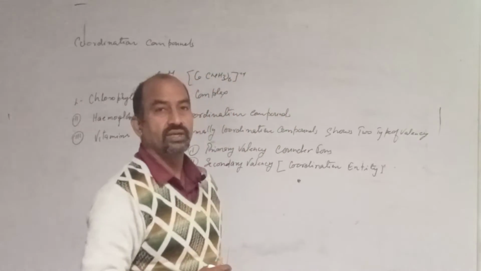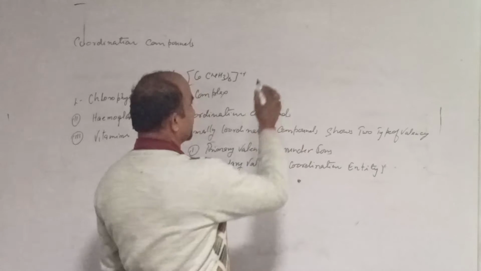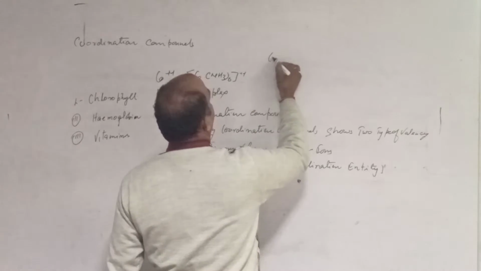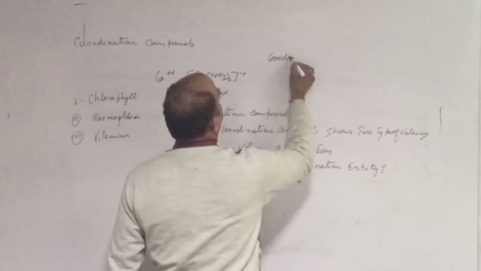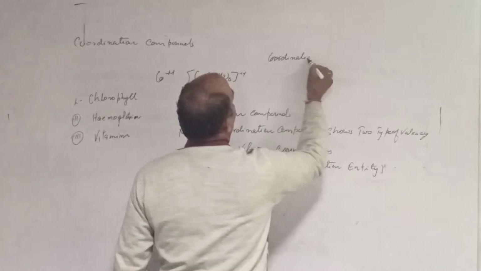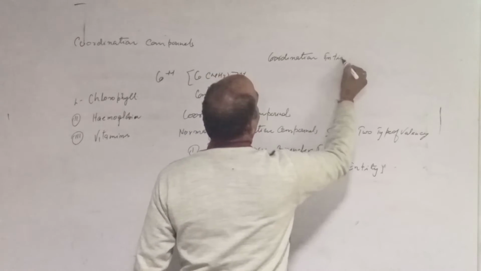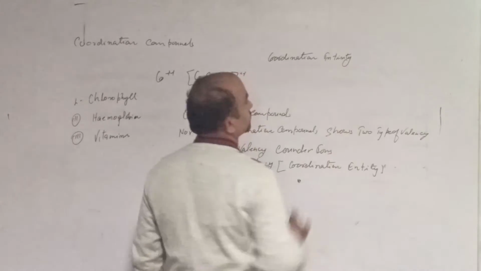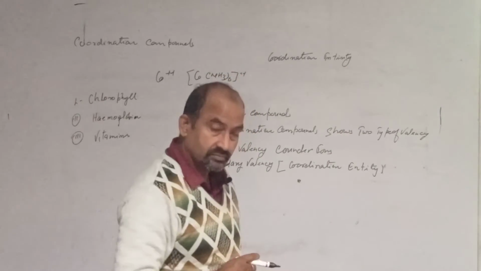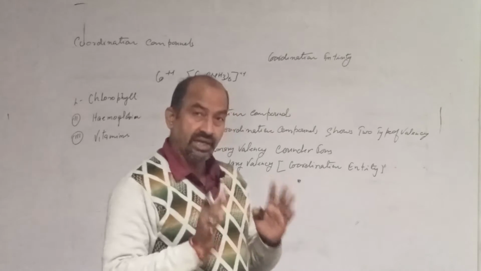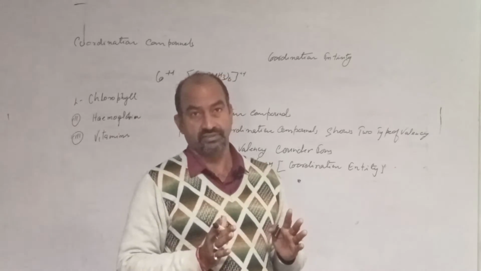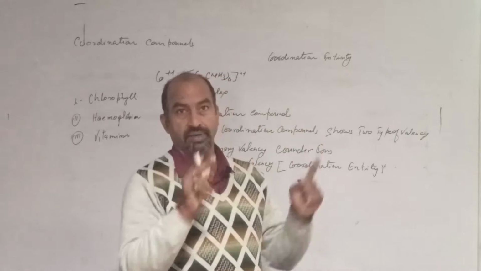At first, know what is a coordination entity. Coordination entity: the metal along with the ligands put in a square bracket.